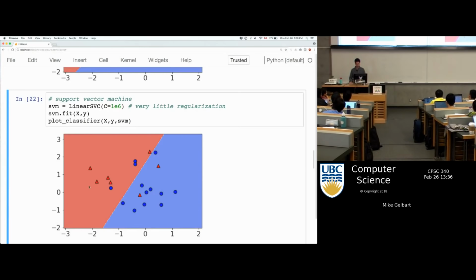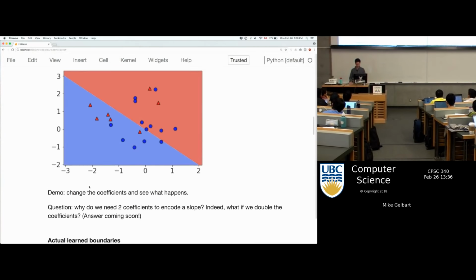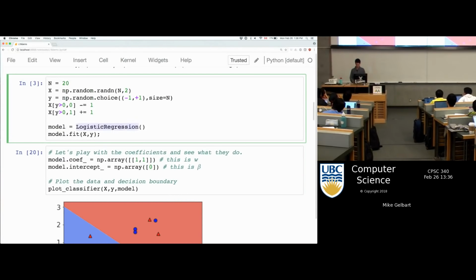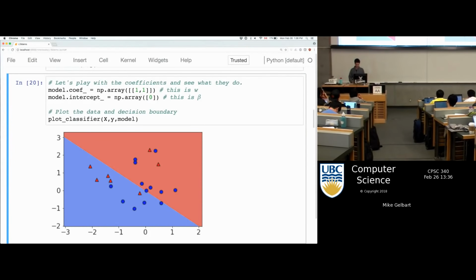By the way, scrolling up for a minute, I could have done this. Here it doesn't matter, I was hijacking this scikit-learn function and just writing to its coefficients and using its predict function. So this plot classifier calls the predict function. So I could change from logistic regression to linear SVM.